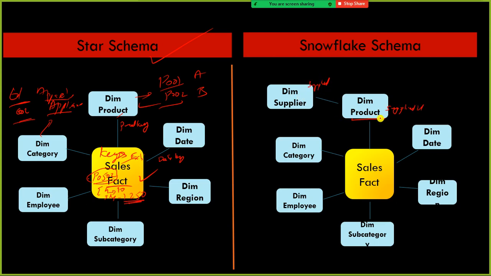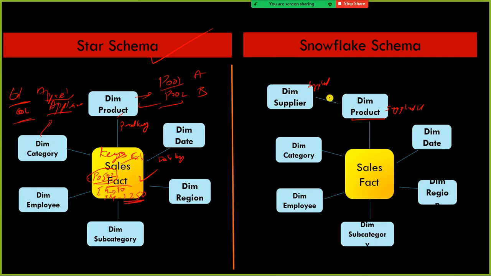Instead of storing the supplier name for each product in this table, we are storing the supplier detail in a separate table. But in this case, to identify which product is supplied by which supplier, you need two different tables. So there is a hierarchy for the dimension tables in Snowflake.